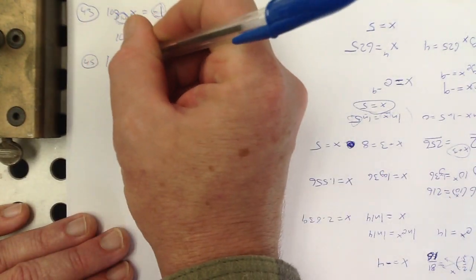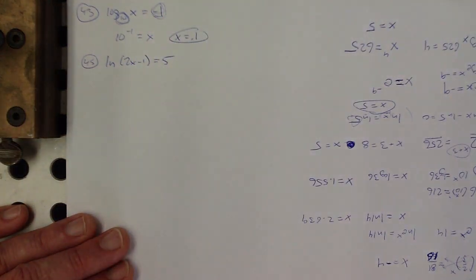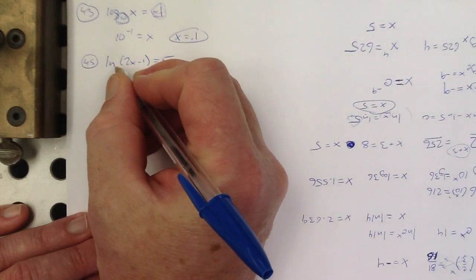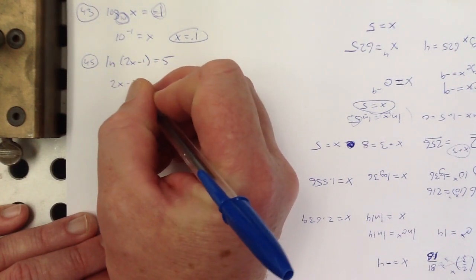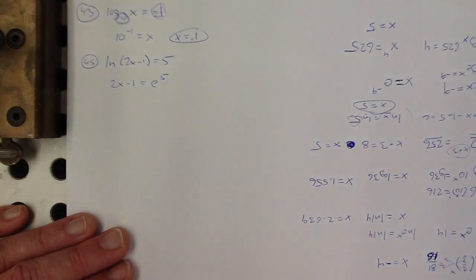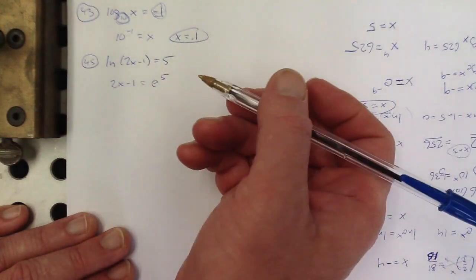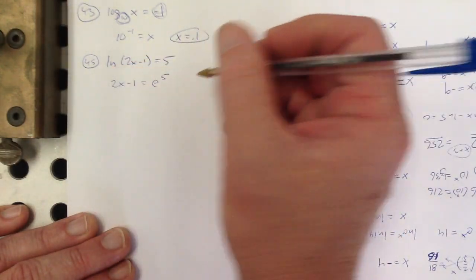Natural log of 2x minus 1 is equal to 5 here. I'm going to do the same thing. So natural log is log base e. So this means that 2x minus 1 is equal to e to the 5th. And then whether you turn this into a decimal now or not, I don't know.